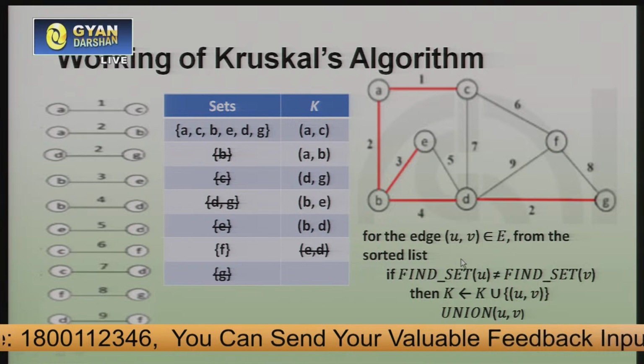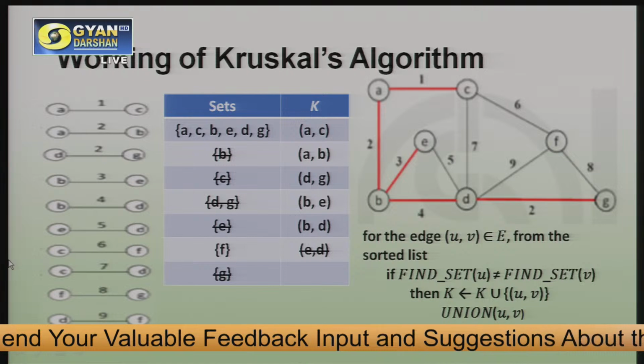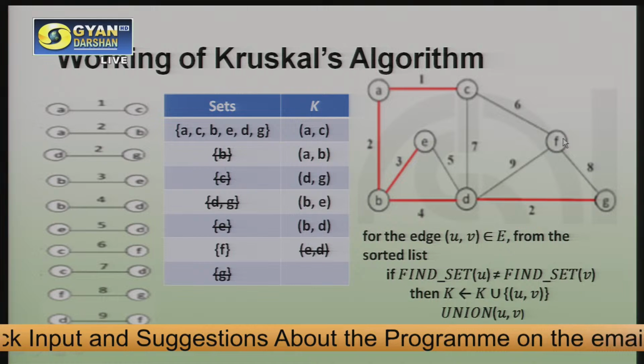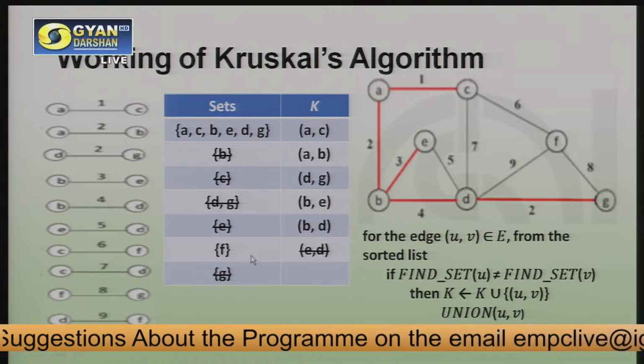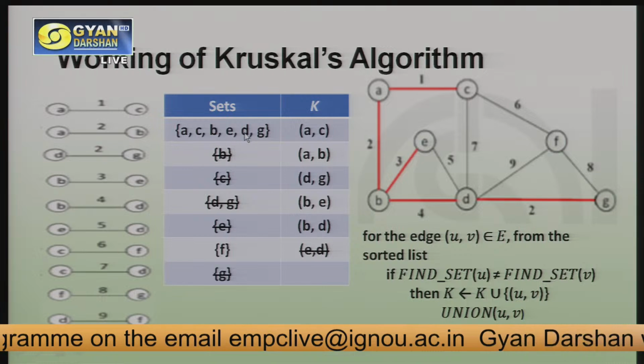What next? The operation is not yet complete. So which is the next edge? It is C to F. F is once again a different set, and C belongs to this particular set.